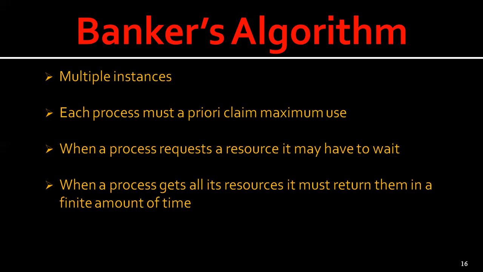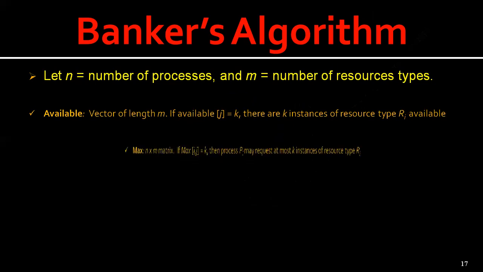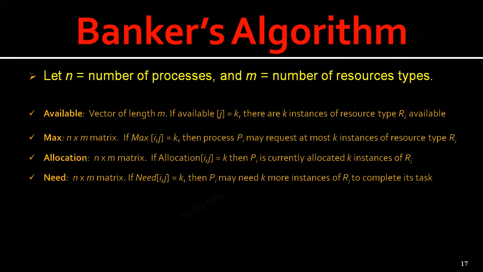Let n be the number of processes in the system and m be the number of resource types. First, available is a vector of length m which indicates the number of available resources of each type. If available[j] is equal to k, that means there are k instances of resource type Rj available.